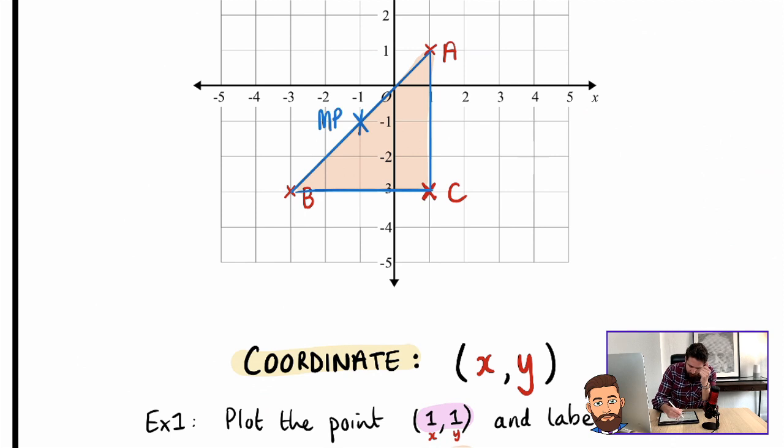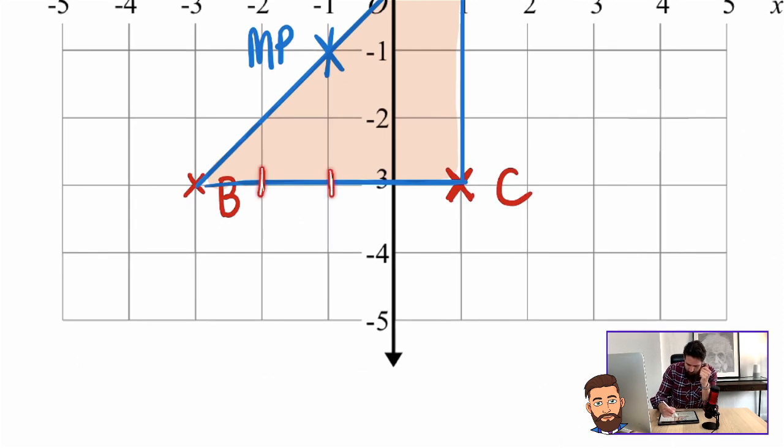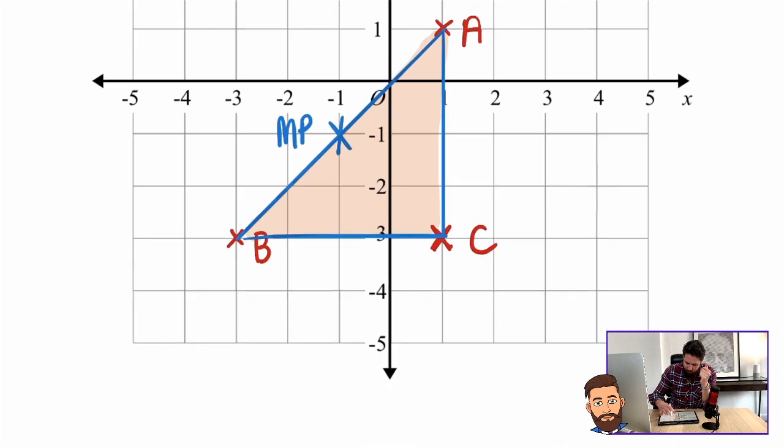And that is going from -3 to 1. How many units is that across? You can either find the difference between -3 and 1, or you can count. We've got 1, 2, 3, 4 units. So the base of our triangle is 4.